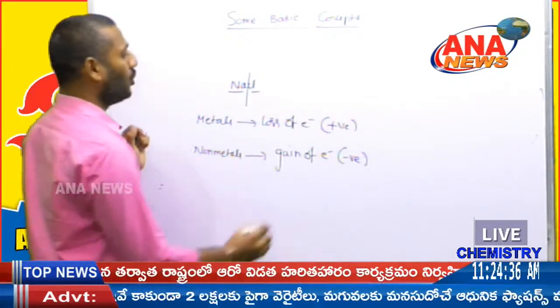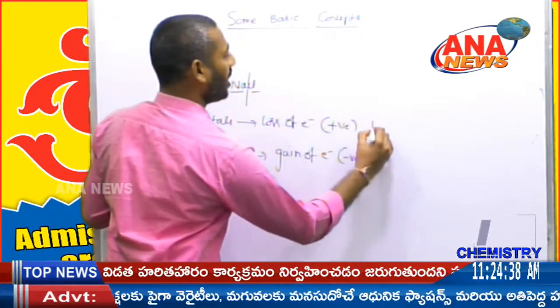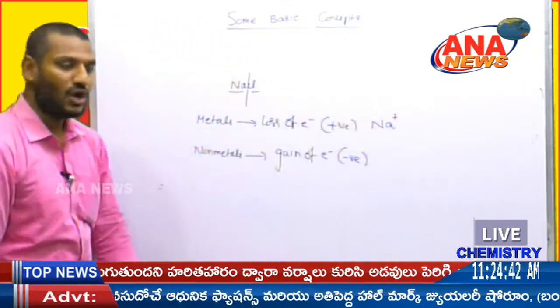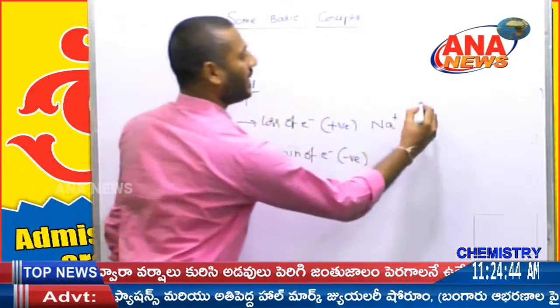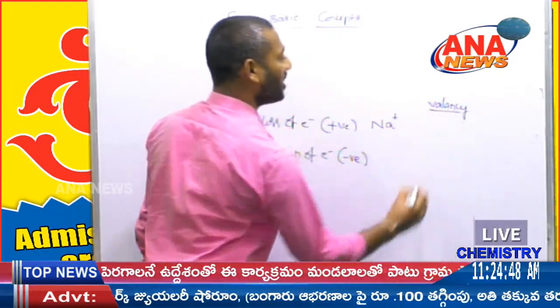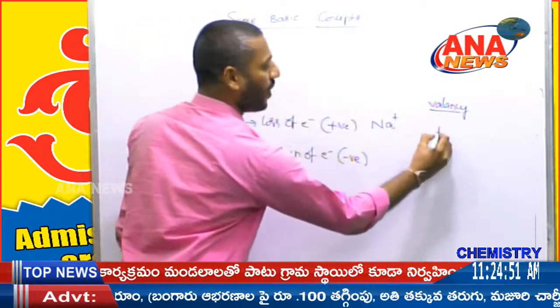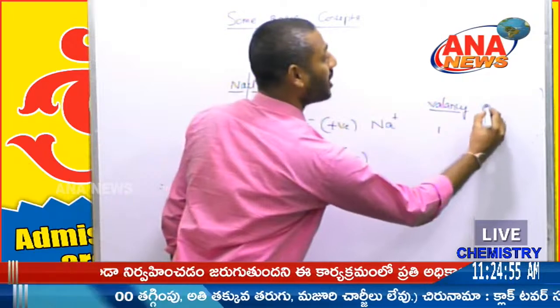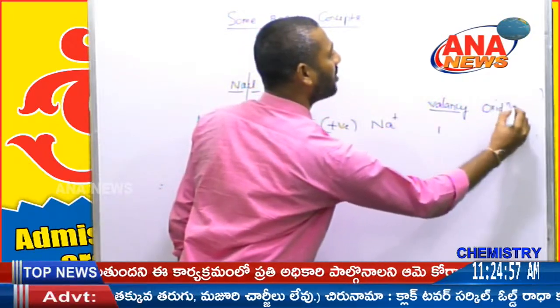In NaCl, sodium loses an electron to become Na+. How many electrons are lost? Only 1. That is called the valency. The valency of sodium is only 1. Oxidation state is a very, very important concept.